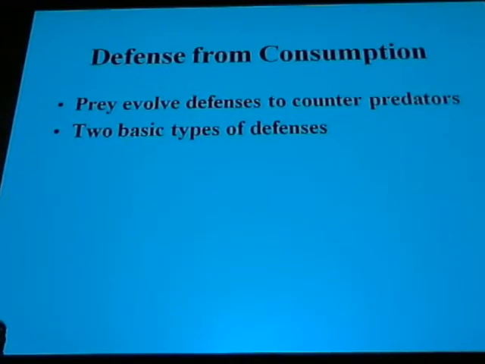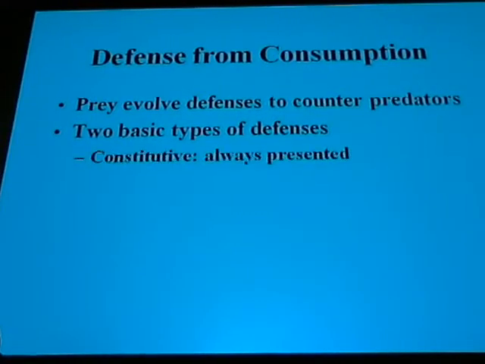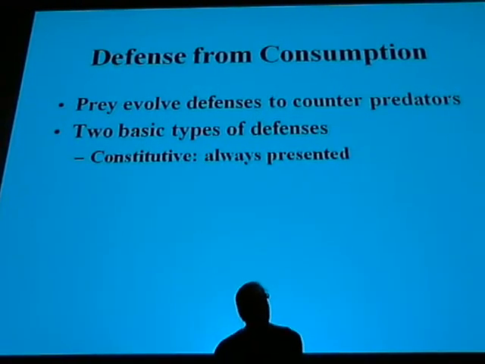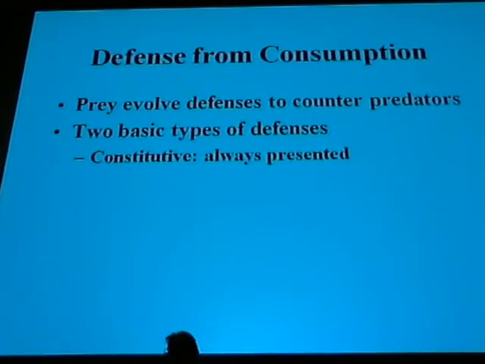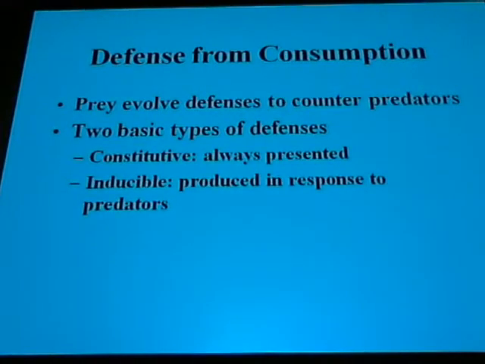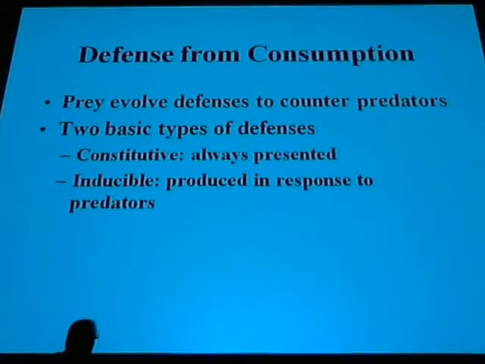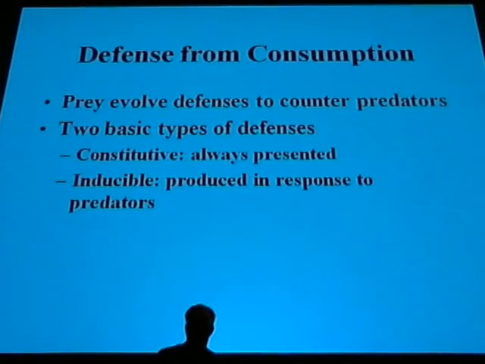And there are two basic categories of defense that prey have. One is called constitutive defenses. And constitutive defenses are always there. They're always present. You are locked and loaded at all times and ready to go. Whereas inducible defenses are only produced when there's a reasonable anticipation of having to use them.